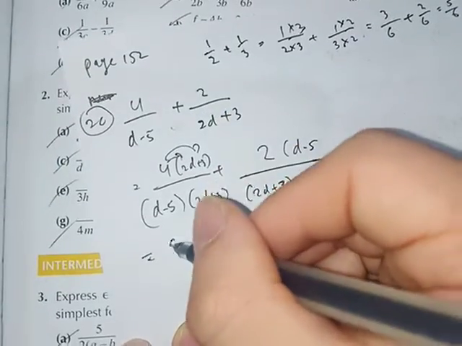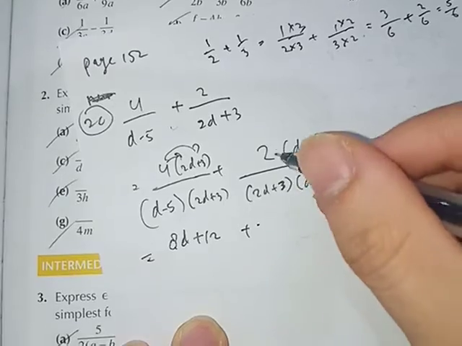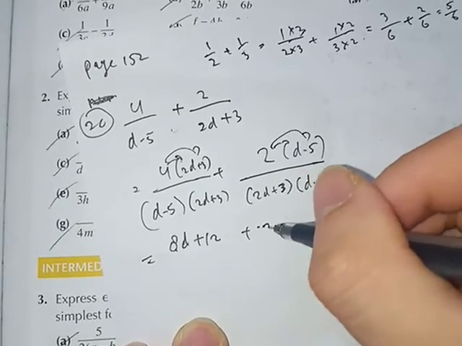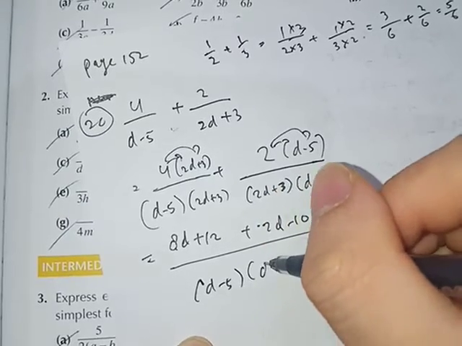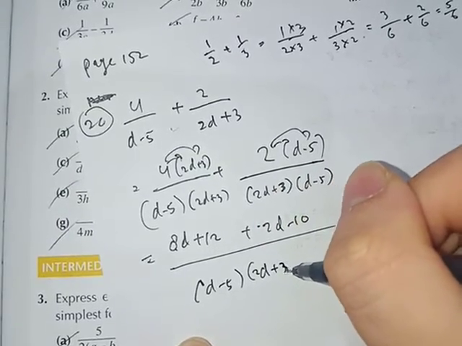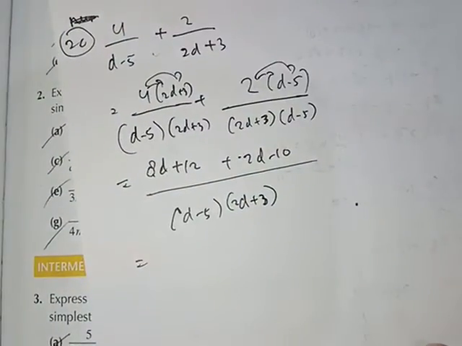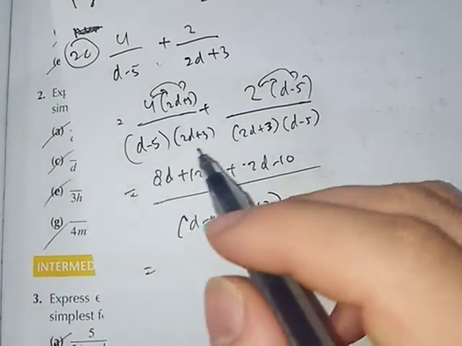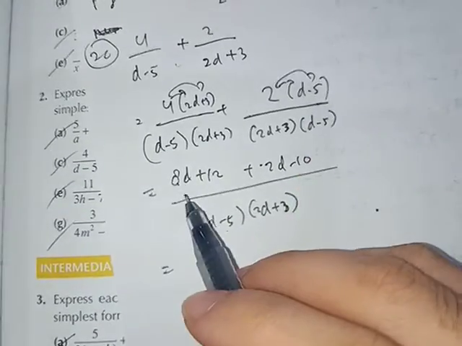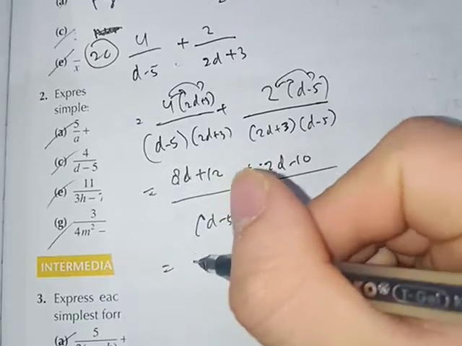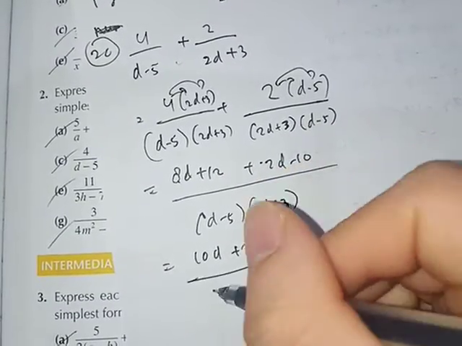Times in, 8d plus 12, times in, 2d minus 10. For the bottom one, you don't need to expand the bracket first. You don't need to times in. Why? Because I have a hunch that this could cancel out with either of these. Let us just write this: 2d plus 8d plus 2d, 10d, 12 minus 10 plus 2.